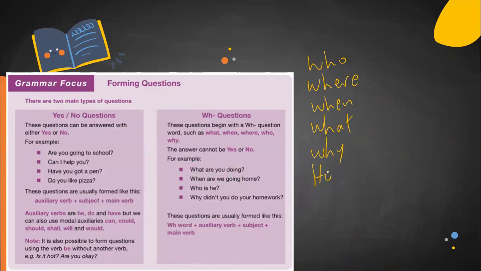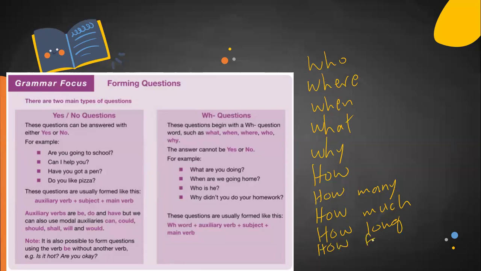We have how many, how much, how long, how far, how old.